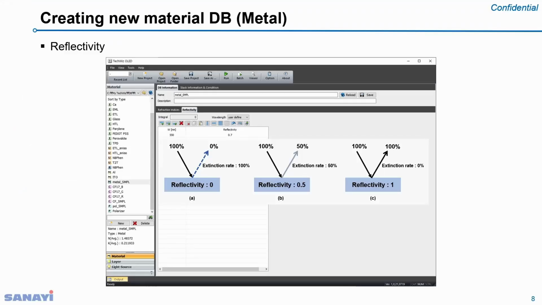For example, if the reflectivity is 0, the incident light is totally absorbed. Moreover, if you input 0.5, it means that the reflection rate is 50% and the extinction rate is also 50%.